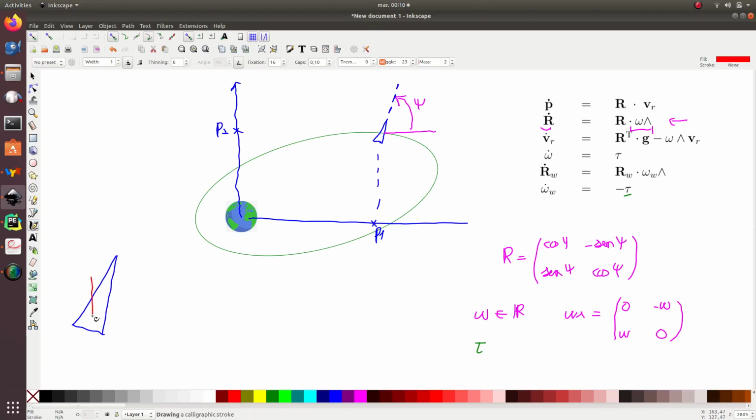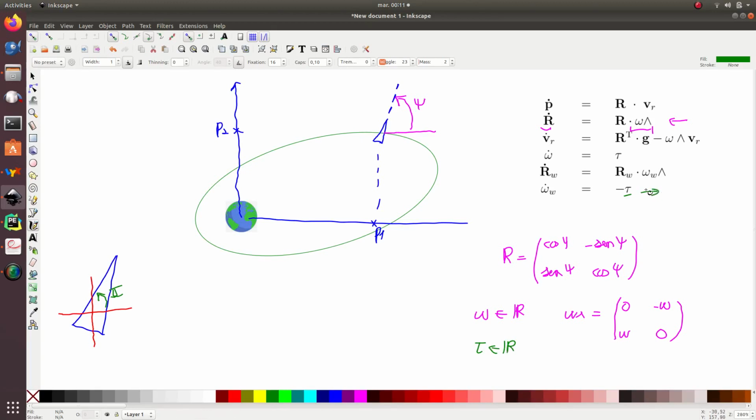I will represent the wheel by a cross like this, and when I have a torque between the satellite and the wheel, there is a counter-reaction which makes the wheel turn in one direction and the satellite in the opposite direction. So τ is a quantity which belongs to R.